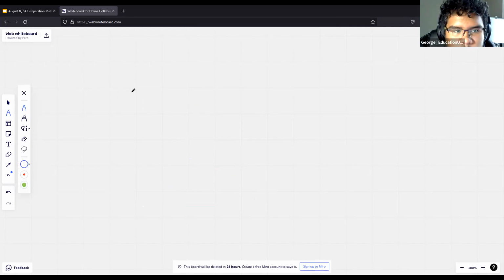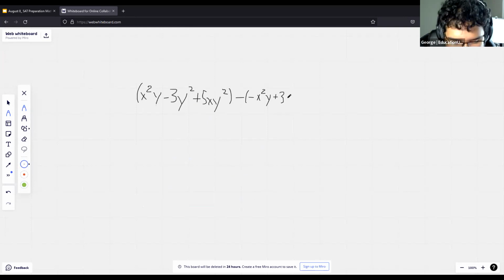So the original expression we were given was x squared times y minus 3y squared plus 5xy squared minus negative x squared y plus 3xy squared minus 3y squared.